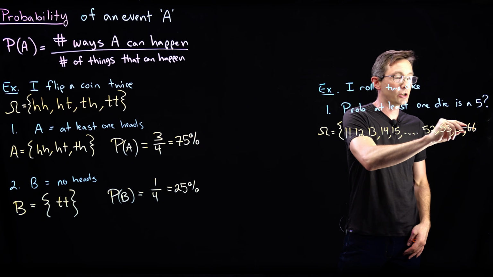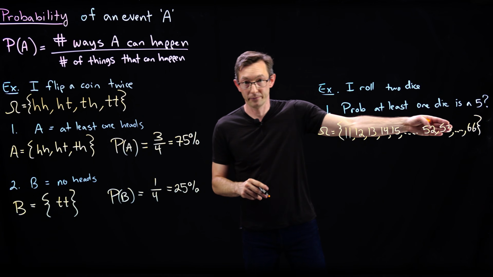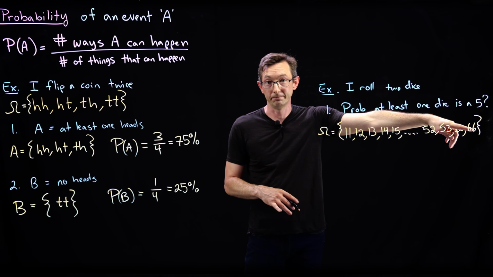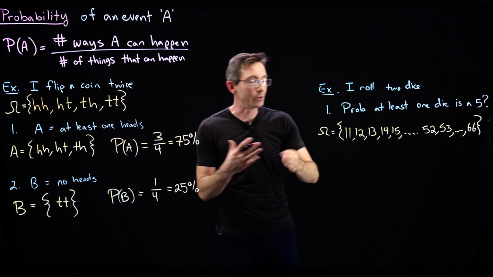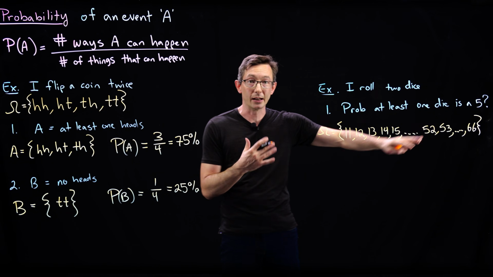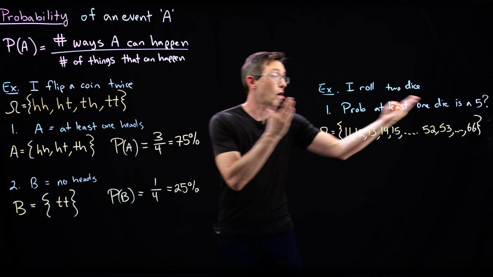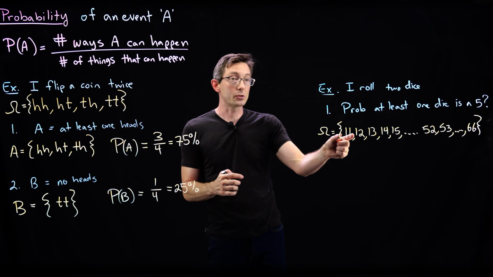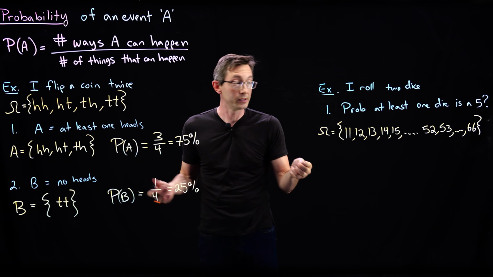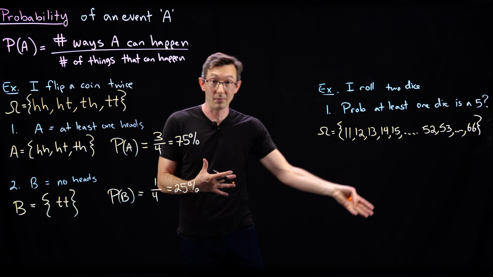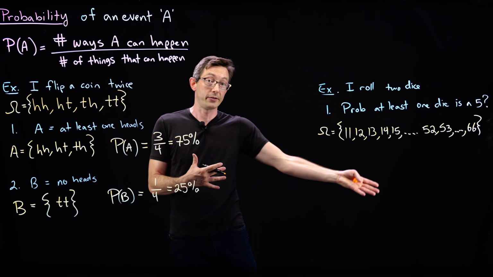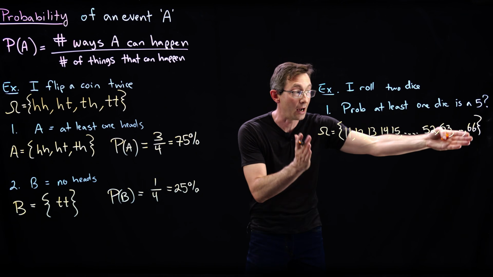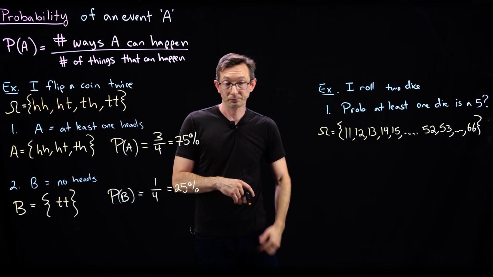And eventually, if I enumerate all of them, the last one would be a 6 on the first die and a 6 on the second. And it's pretty easy to compute, just with basic arithmetic, that there are 36 total things that can happen if I roll 2 dice. For the first, there's 6 possible dice rolls, and for the second dice, there's 6 other unique dice rolls. And so there's 6 times 6, or 36 possible things that could happen.